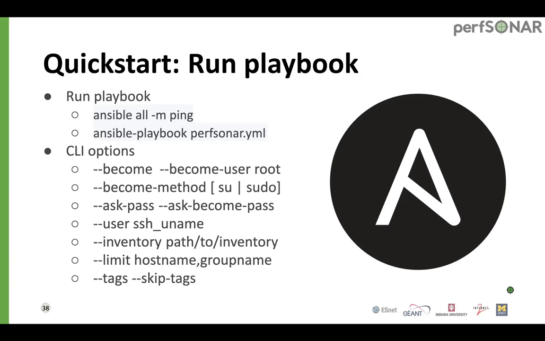And finally, some of the tags in the perfSONAR roles are things like perfSONAR install, perfSONAR configure, perfSONAR troubleshoot. Let's say you only wanted to run the troubleshoot part. You could say tags troubleshoot, and then it will only run that portion of the script.